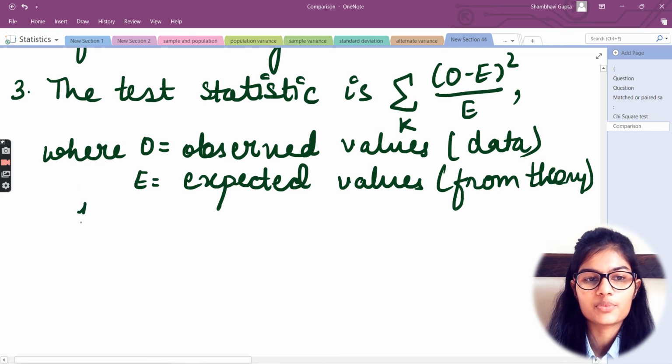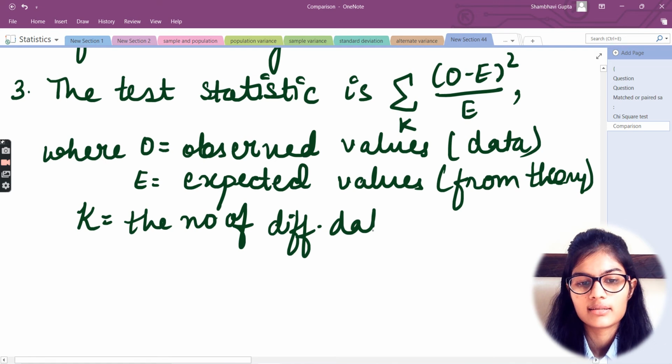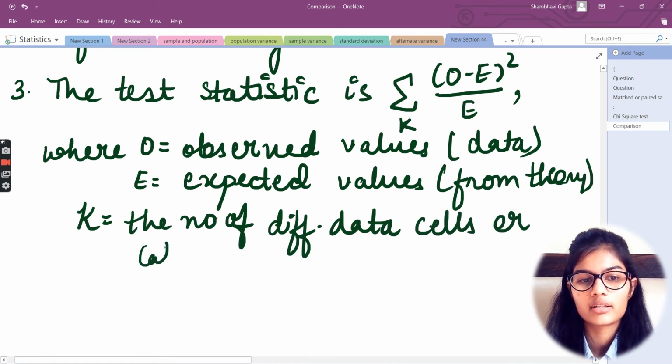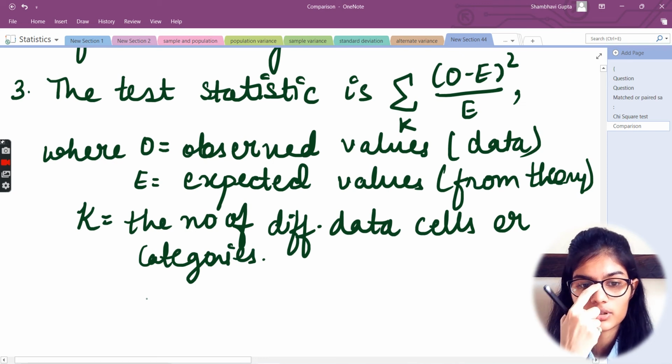We had K in the formula as well, right? K is the number of different data cells or categories which we have.